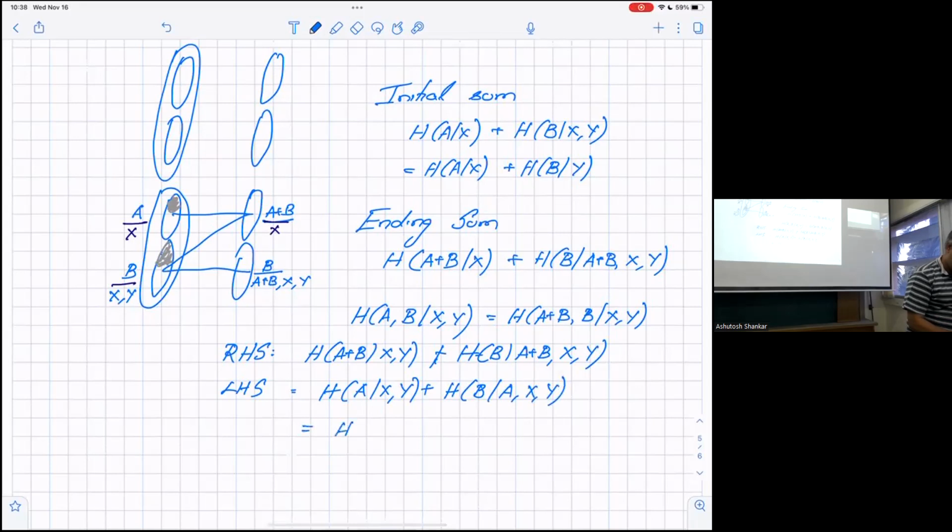But y doesn't matter for a, it's just h of a given x. X and a don't matter for b, this is h of b given y. Because of this, it opens out and you'll have this property that it will remain a martingale. Basically, you have to formally define what x and y are, but once you write this, you'll see that it's a martingale.